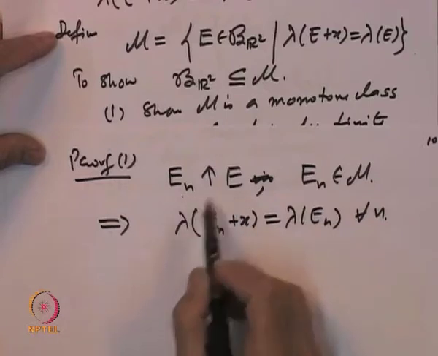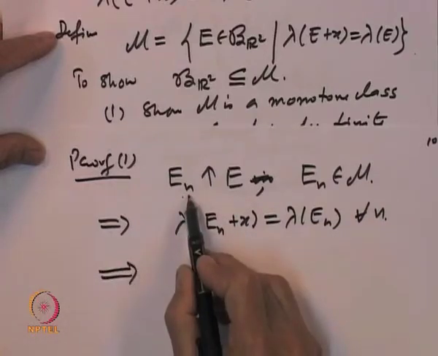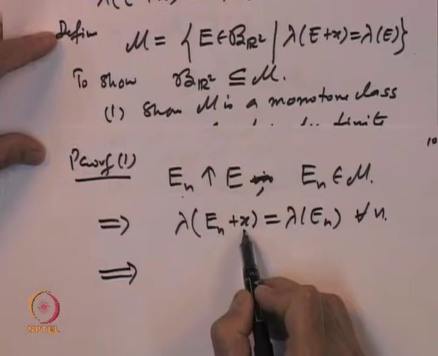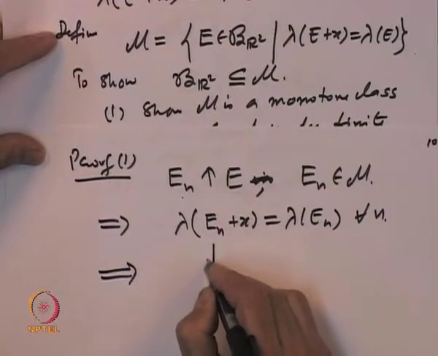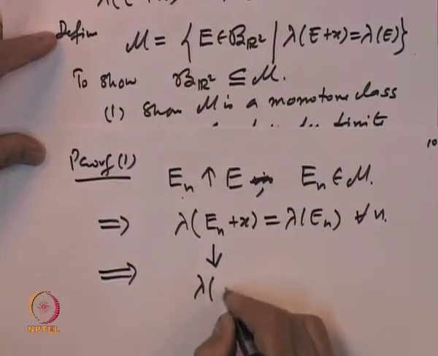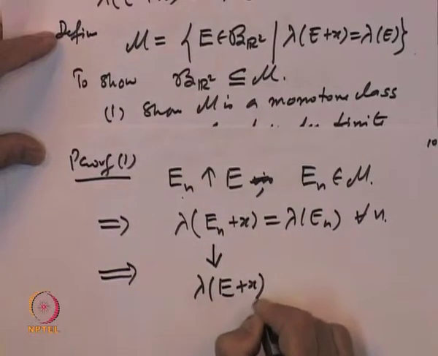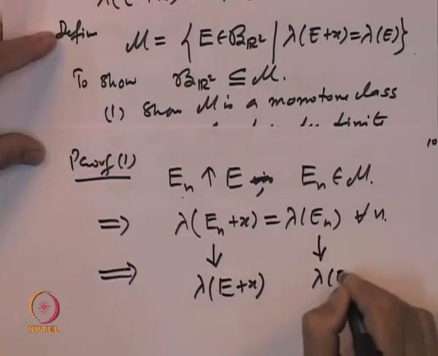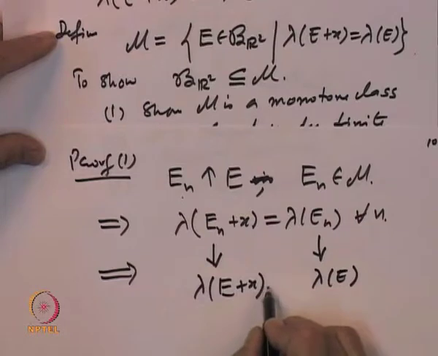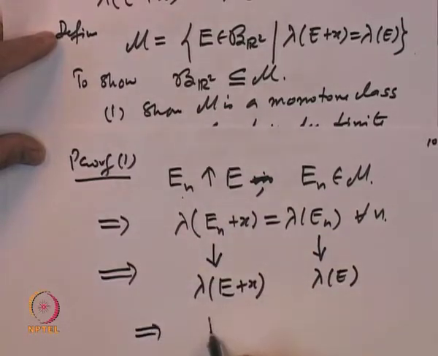Now, if E n is increasing, then E n plus x is also increasing, and lambda being a measure, this converges to lambda of E plus x, and by the same thing this converges to lambda of E. So, that says lambda of E plus x is equal to lambda of E. So, if E n's increase to E, then these two are equal. So, E belongs to M.